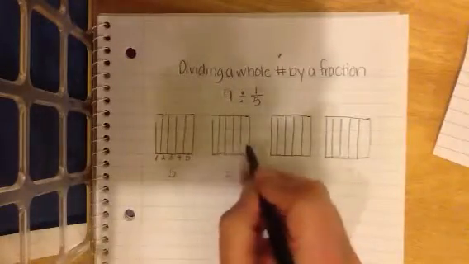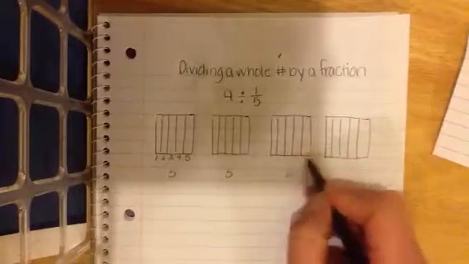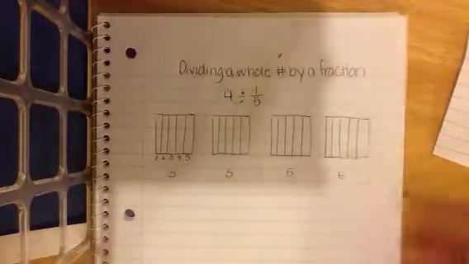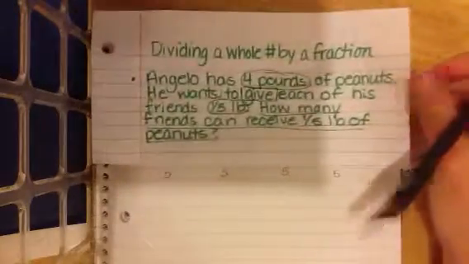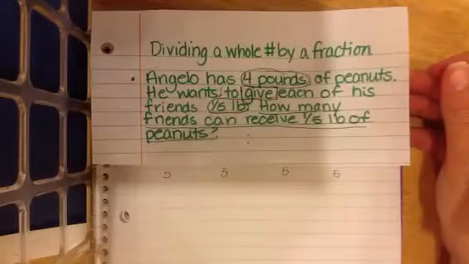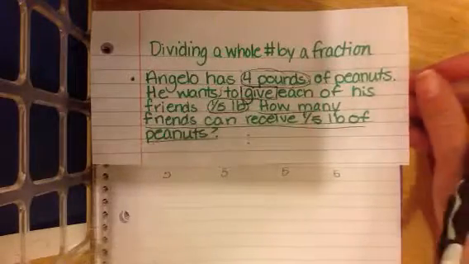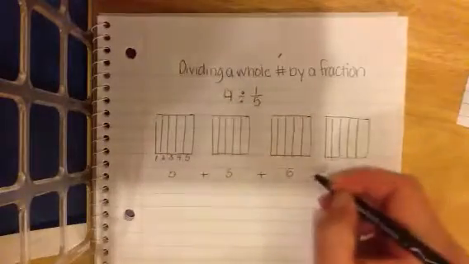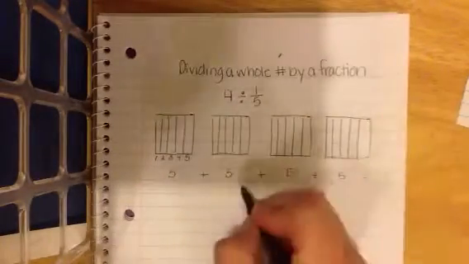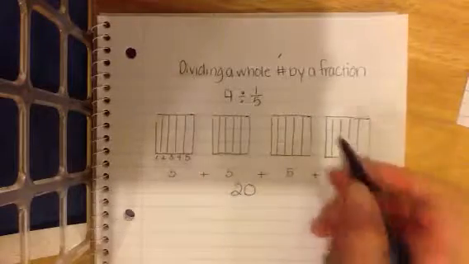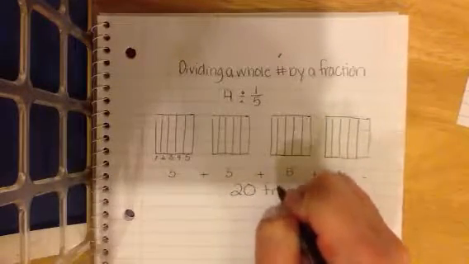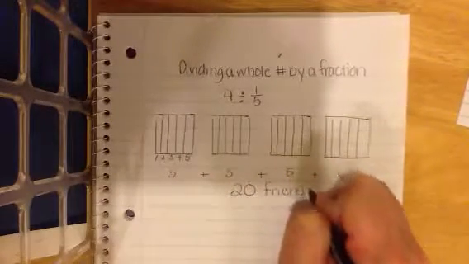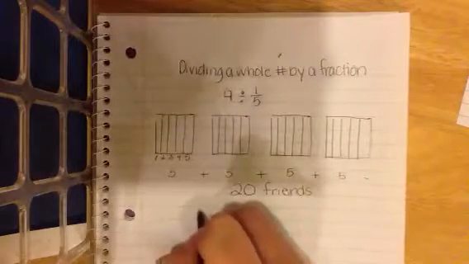So I could share this with 5 more people, 5 more people, and 5 more people. My question says how many friends? I know I'm not going to have a fraction because I can't cut my friends up. So my answer is going to be 5, 10, 15, 20. Remember my question said how many friends? 20 friends.